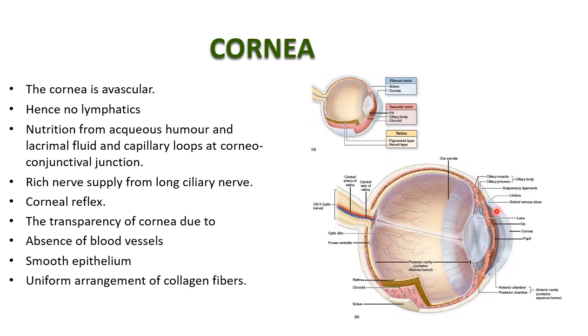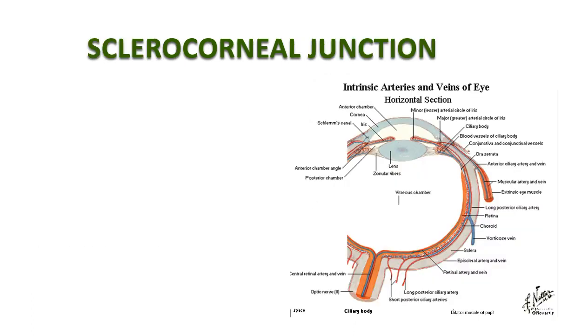So all this contributes to the transparency of the cornea. And because of the absence of blood vessels, in corneal transplant, an allogenic transplant of the cornea, there is no graft rejection, because no antibodies are actually produced against the donor's tissue.